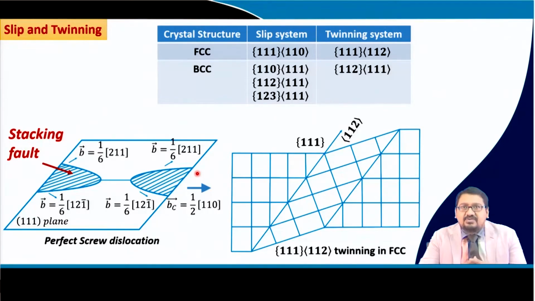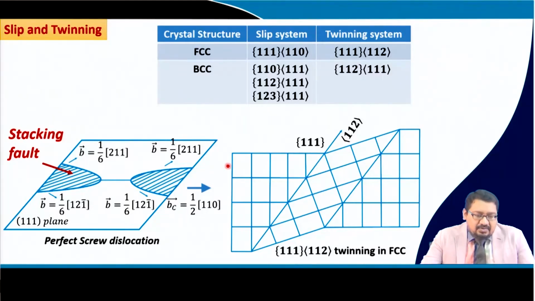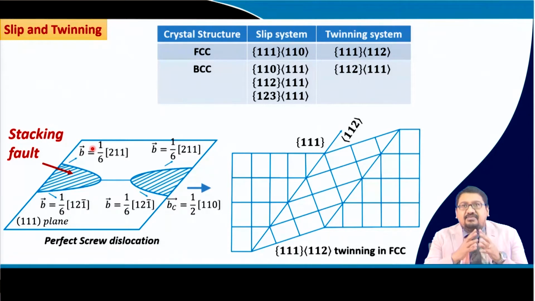We have learned about this, and a very simple book to look at is Dieter's Mechanical Metallurgy, and in detail if you want to look, then it is the book of Reed-Hill. Now, what is stacking fault and its energy? Stacking fault is a fault in the 111 stacking of the face centered cubic material.